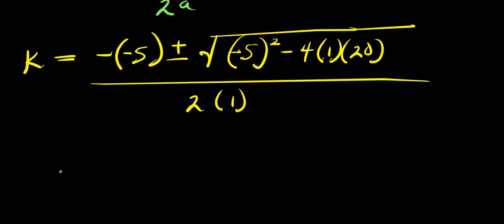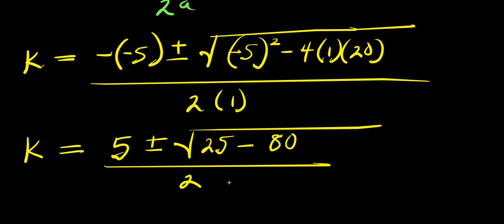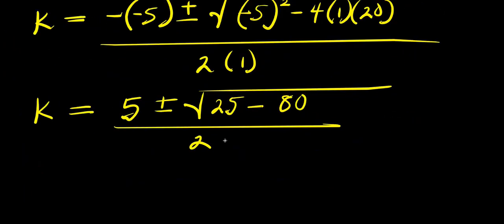So from here, k equals this is 5 plus or minus square root of this is 25 minus 4 times 1 times 20, that is 80, divided by 2, right?